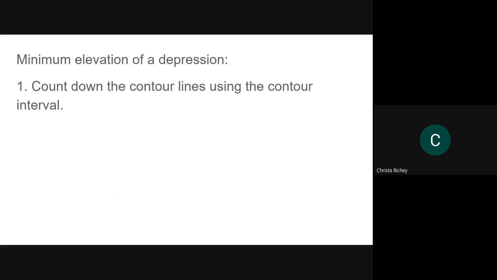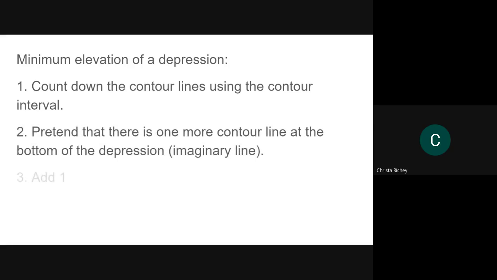You're counting down in elevation. Make sure you're going down in elevation. Pretend there's 1 more. But instead of subtracting 1, you add 1 to it. You do need to pay attention if you are going below sea level. After 0, it's -10, -20.